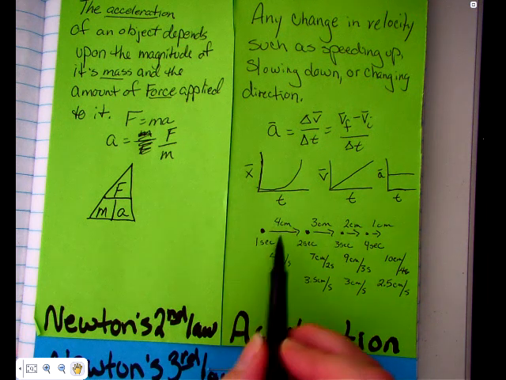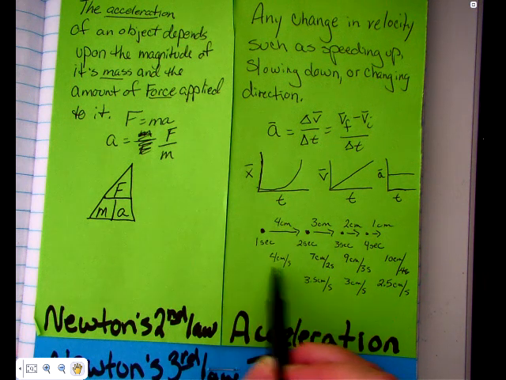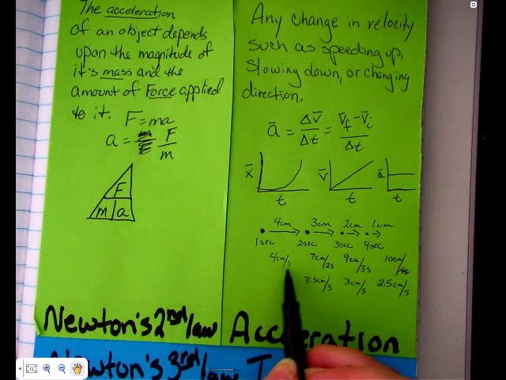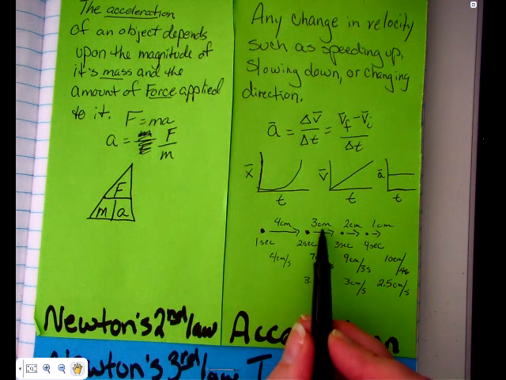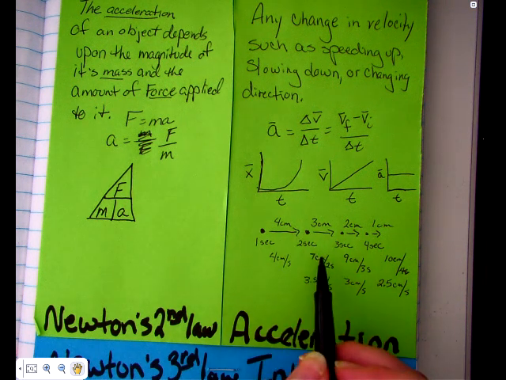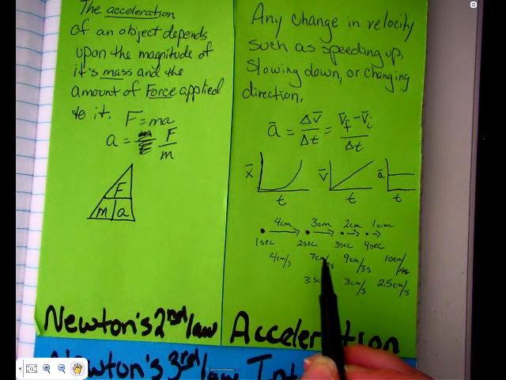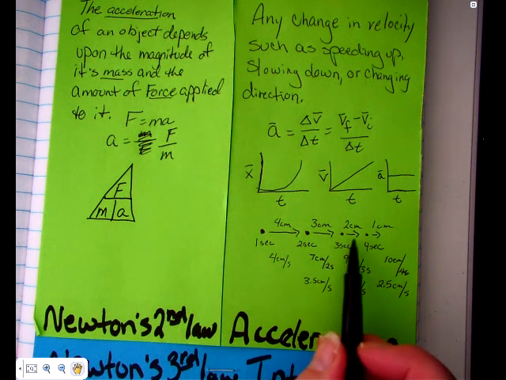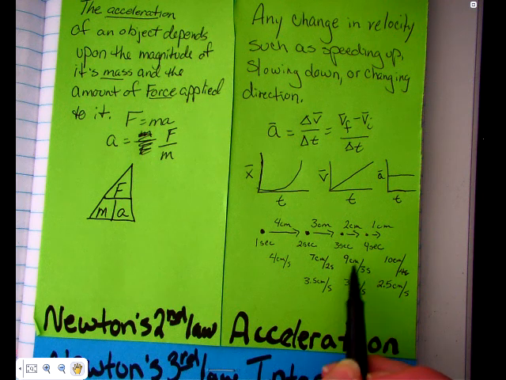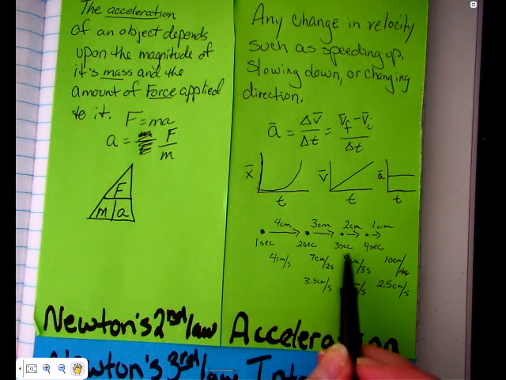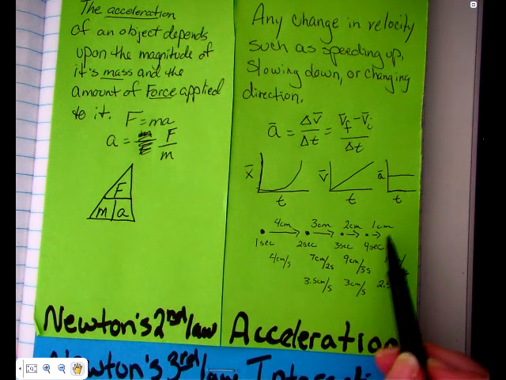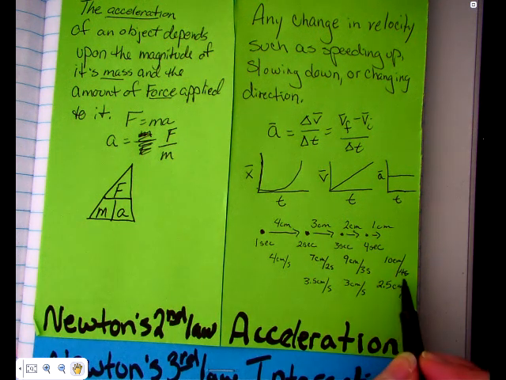Mathematically, we could write that as 4 centimeters per second. By 2 seconds, it's traveled a total of 7 centimeters in 2 seconds. After 3 seconds, it's traveled a total of 9 centimeters in 3 seconds. And in 4 seconds, it's traveled a total of 10 centimeters in 4 seconds.